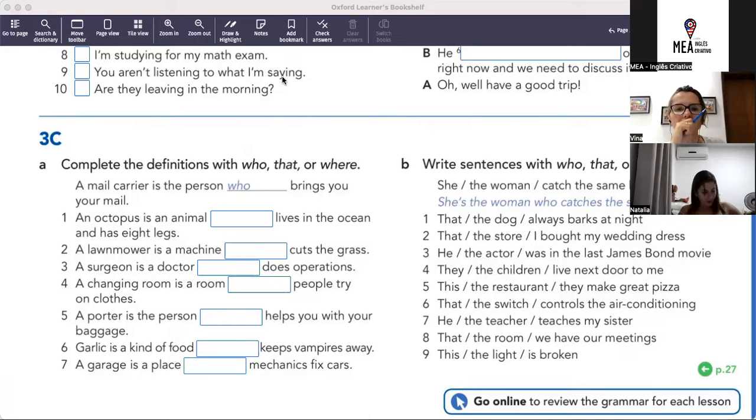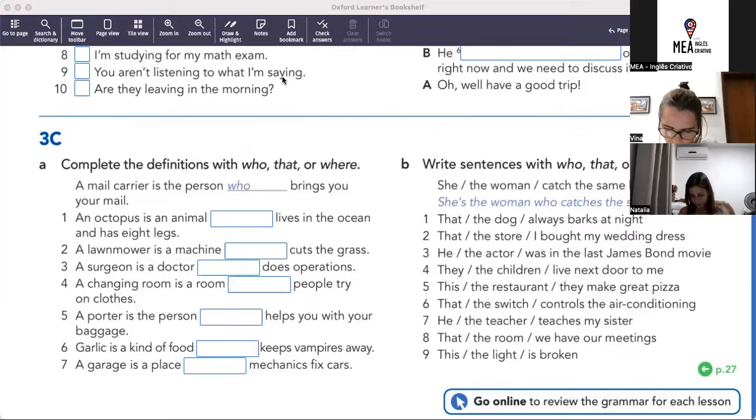Porque o where tem que ter pessoa depois. É verdade. Eu acho que é that. Que vive, né? É. Eu acho. Where precisa da pessoa depois. É. Tá.